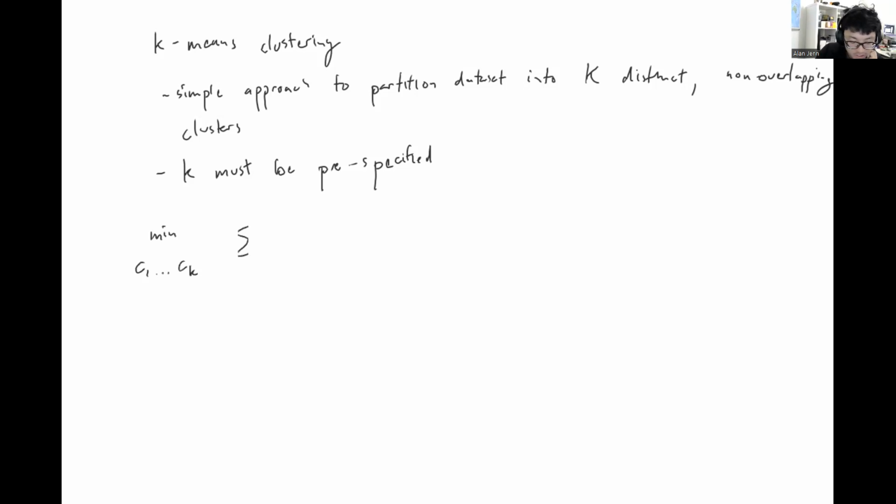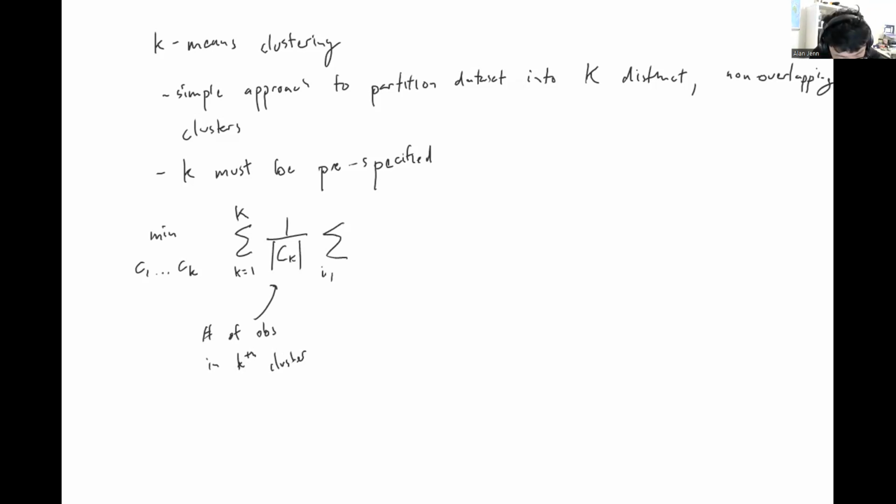So here's the equation. This is going to be one of those equations that are purely for reference. Don't worry too much about what this means. This is the number of observations in the K-th cluster. We'll talk about how to interpret this in a second.